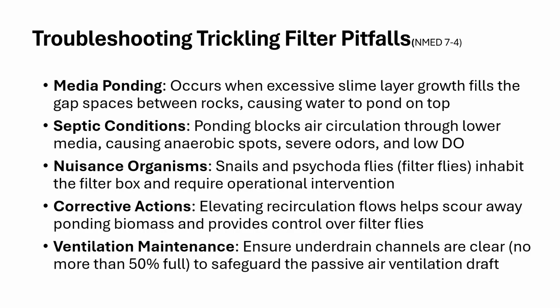Okay, so that recirc rate, like I tell you, it seems like, well, I only got one tool at my disposal. You're absolutely right. But that one tool can handle a lot of things with the trickling filter, recirculation rate. The other rule of thumb that you should get out of this, or the one operating criteria or heuristic, is keep those underdrain channels no more than half full or 50% full. Don't go above that. You go above that, you're probably going to cause yourself some problems.